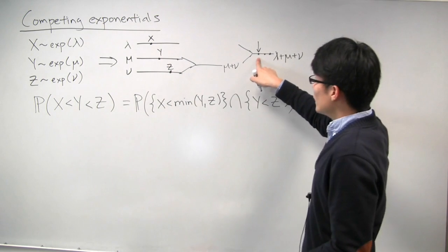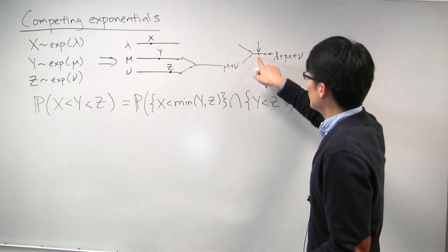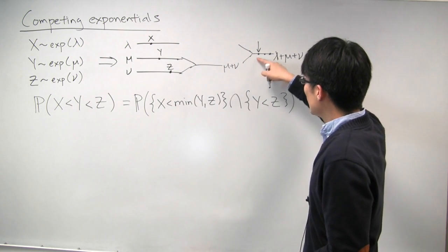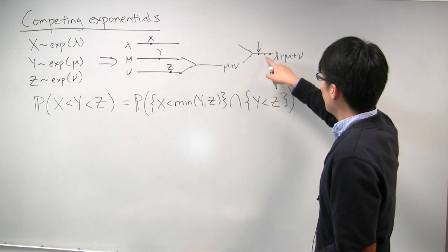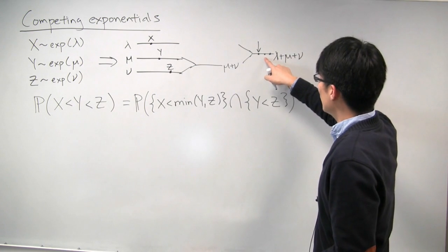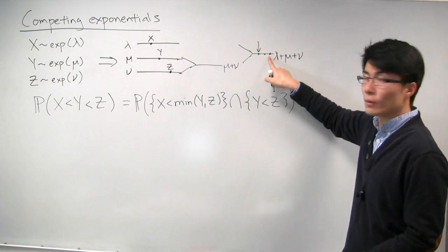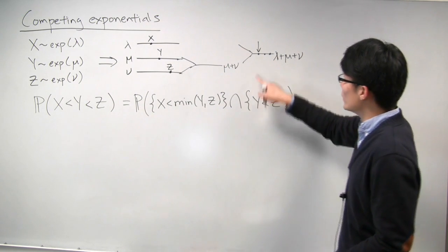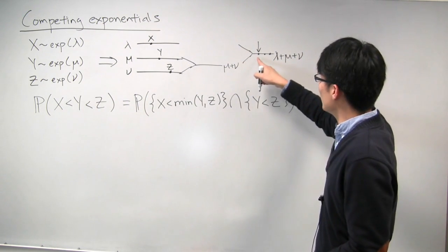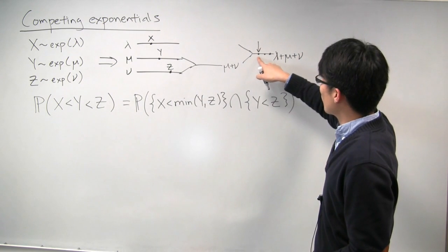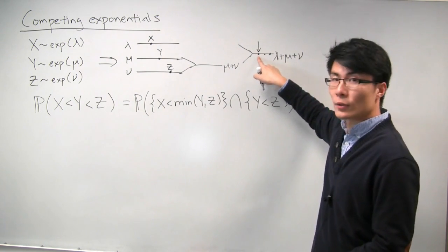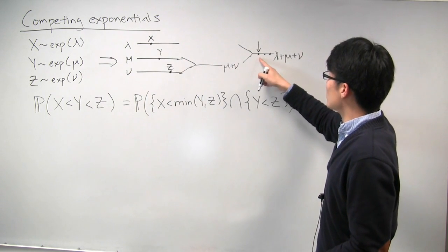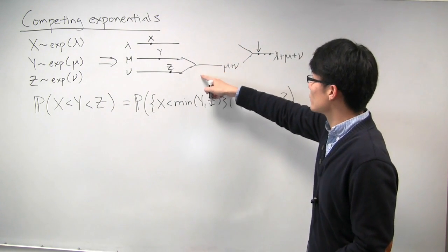Let's say that event does occur, that the first arrival is from the X process. Now we're interested in the order of the next two arrivals. Is it Y first and then Z, or Z first and then Y? It doesn't matter because of the fresh start property. After this arrival comes from the X process, the Poisson processes start anew, and they're still independent.